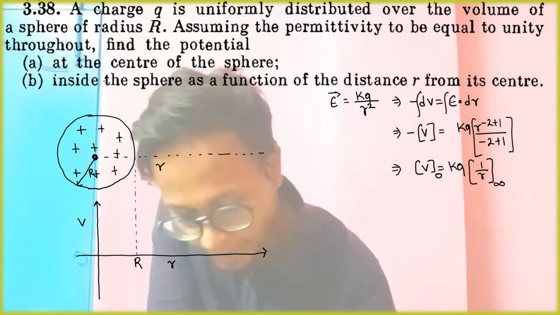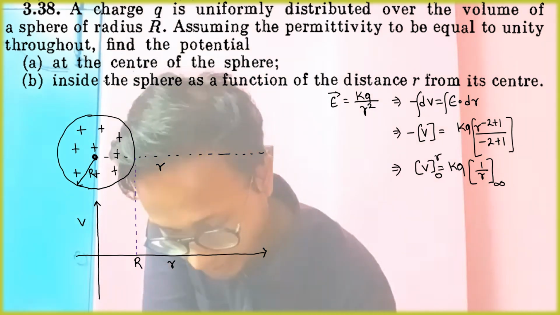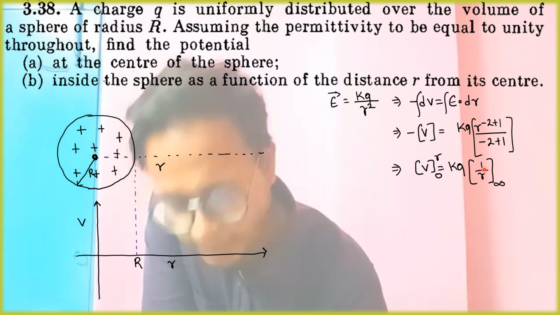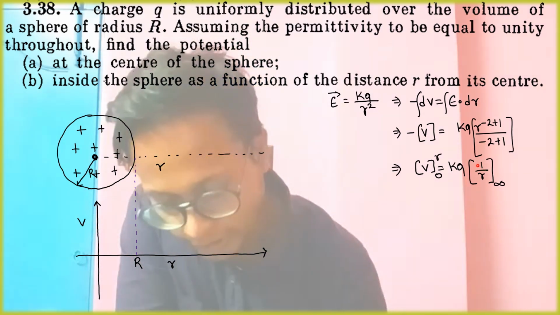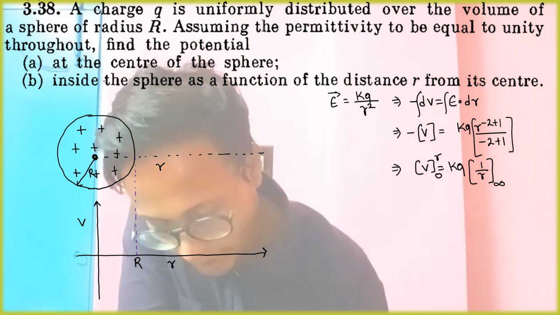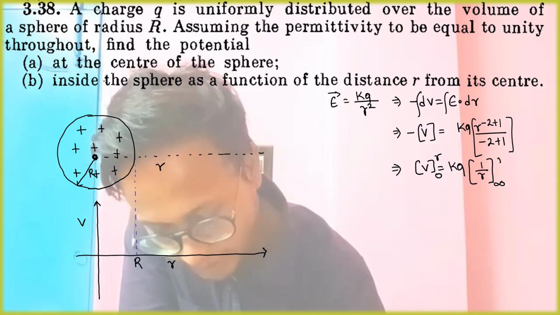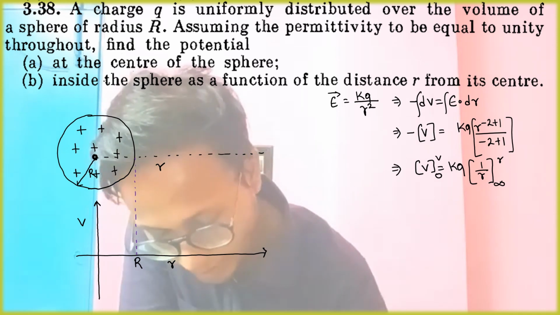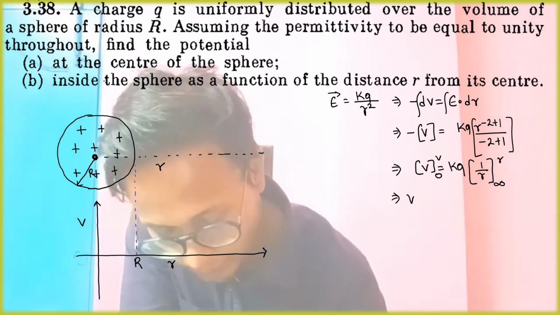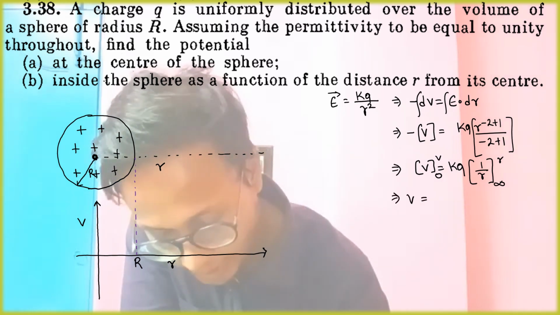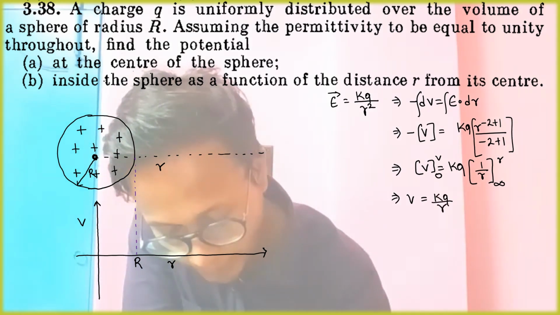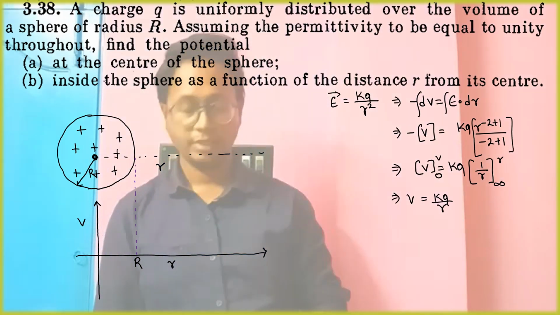Now as I bring the positive 1 coulomb from infinity to any other point, the value of potential will differ by this formula kq by r at this point in space. Okay, so out here I'll give V minus 0, which is equal to V is equal to kq times 1 by r minus 1 by infinity, which is equal to kq by r. Understood?